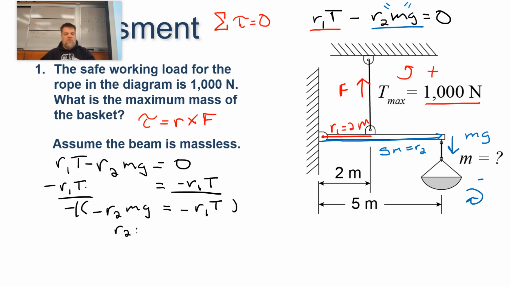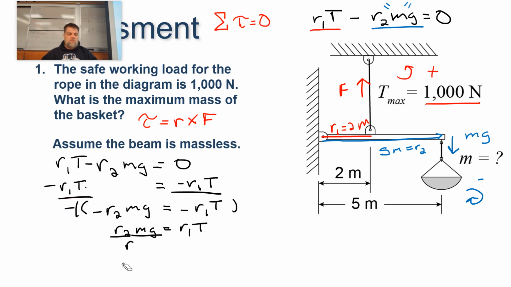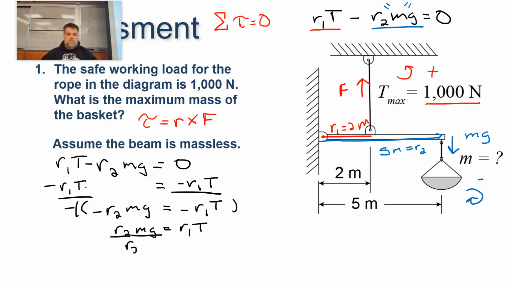So this is R2 mg is equal to R1 T. I want to get m by itself, so I have to divide everything by R2 and g.